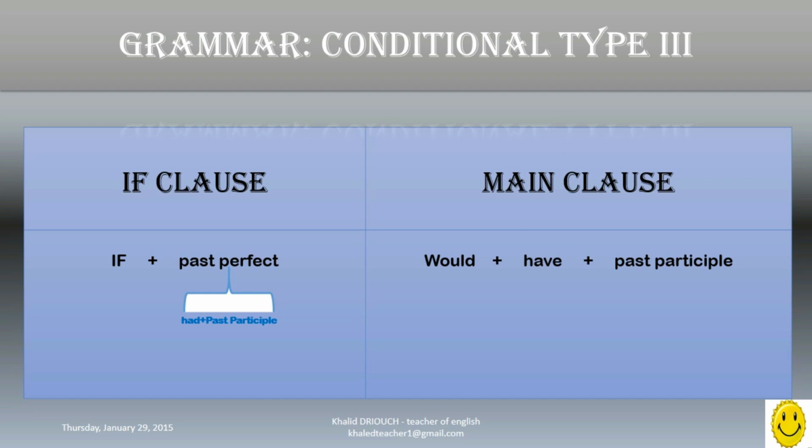Simply, there is always an if in the sentence, and after if we have a subject and then a verb in the past perfect. You have already seen the past perfect tense, and you know that it's had plus a past participle of the verb. On the other hand, the form of the main clause is would plus have plus past participle.